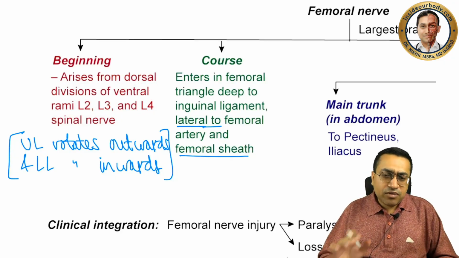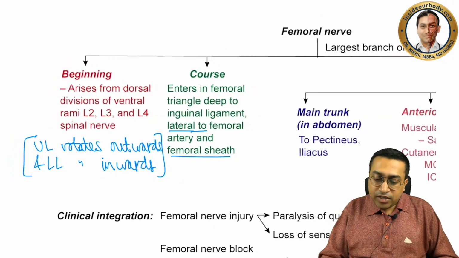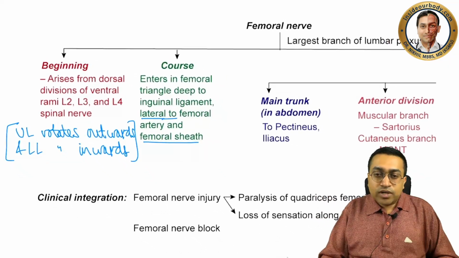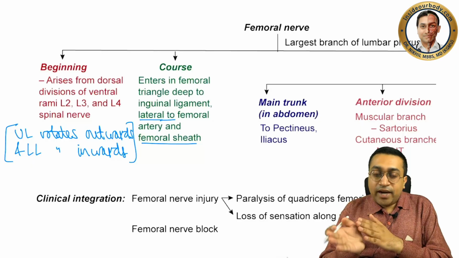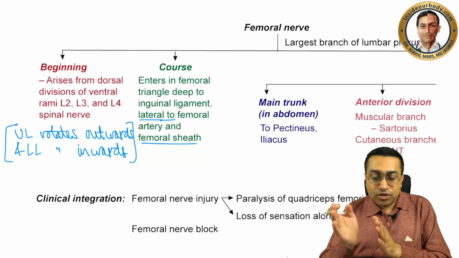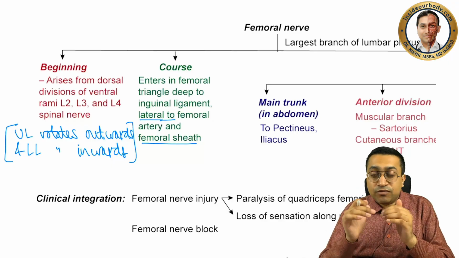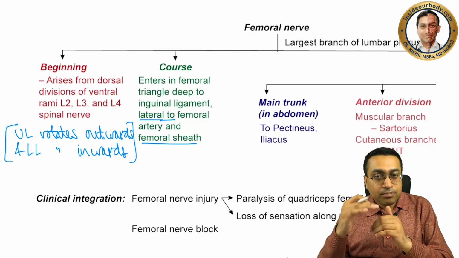So please remember a very important point here, clinical integration also, and just to understand better. See, there is a dorsal and a ventral division of the ventral primary rami. Okay, so what happens, you can see femoral nerve is supplying the anterior compartment of the thigh.